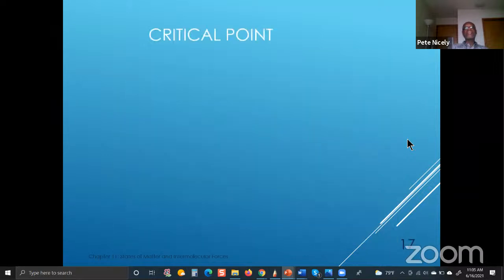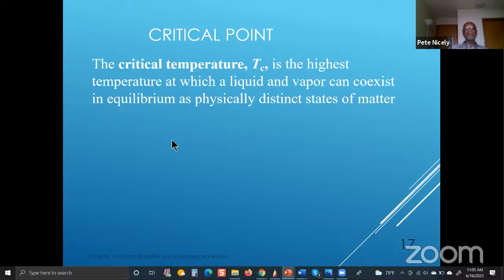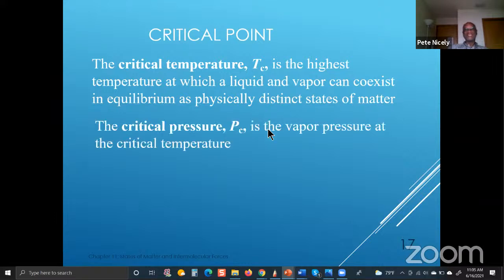Okay, so now we're going to get into a discussion of the critical point I made mention of. The critical temperature at that point is the highest temperature at which a liquid and vapor can coexist in equilibrium as physically distinct states of matter, right? So up to that point, you can actually distinguish between the liquid state and the gaseous state.